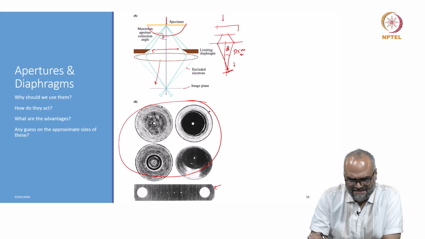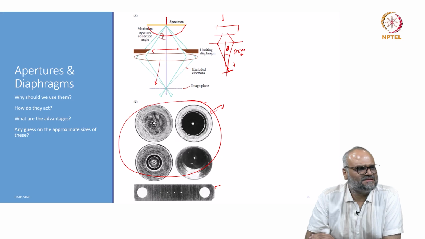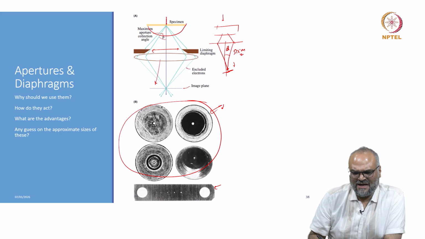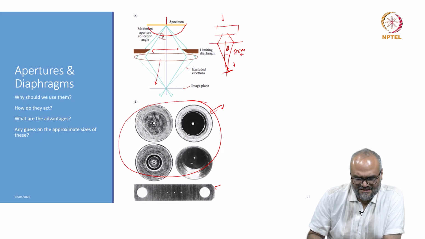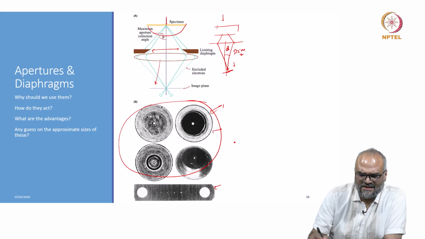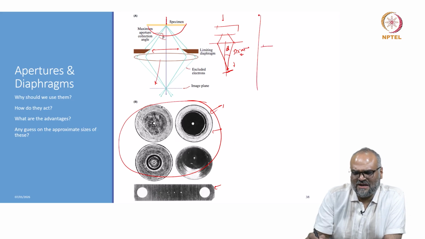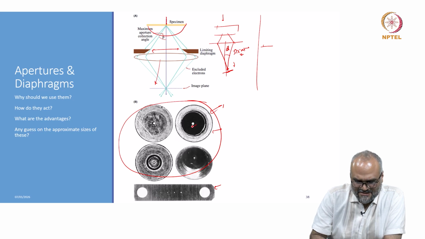So if you look at these apertures here, can you guess the approximate sizes? It is rather surprising that within a microscope which is about 2 meters high and a column which is approximately 1.5 feet in diameter, the aperture is only along the optic axis, which has a bore, or the column of the microscope has a bore of a few millimeters, and these apertures range from a size of 100 or so.